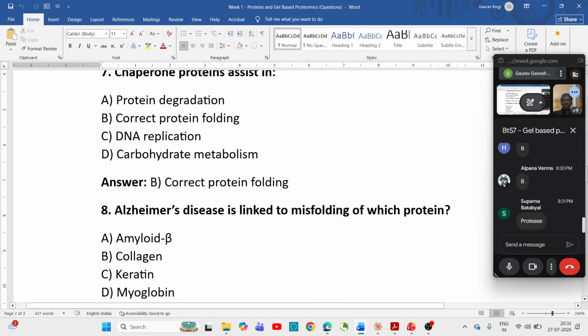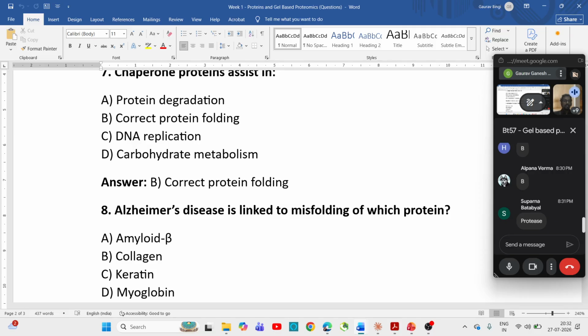Alzheimer's disease is linked to misfolding of which protein? We have not read about it in the lecture, but maybe if you all know, you can answer. I just said that there are different proteins, because there's a change in some or the other, and that deals with different diseases.